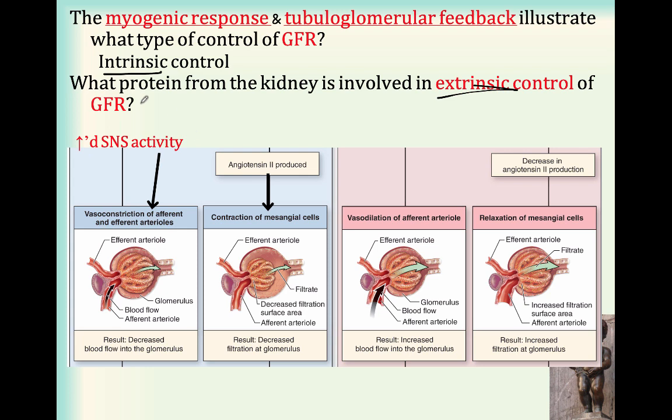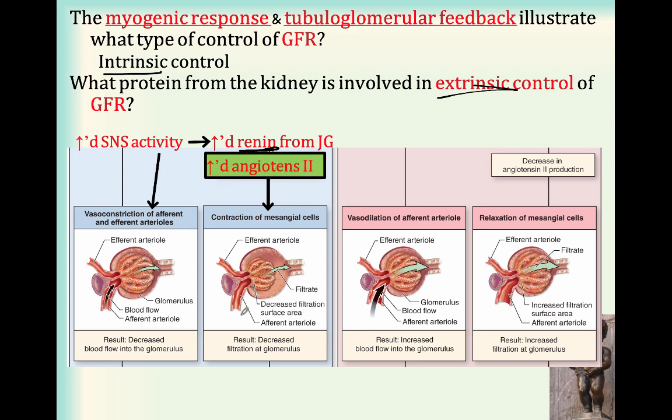If we have an increased sympathetic nervous system activity, we get vasoconstriction of these afferent and efferent arterioles. As a result, we get a decrease in blood flow to the glomerulus. And so now, oh, look at that. Here it is, renin again. We've talked about renin over and over and over. The renin is coming from those granular cells of the afferent arteriole, part of the juxtaglomerular apparatus, and it is indeed part of the renin angiotensin aldosterone system, which is that salt-conserving system that we talked about.